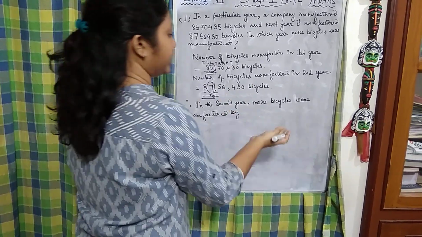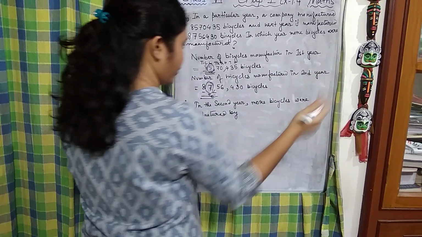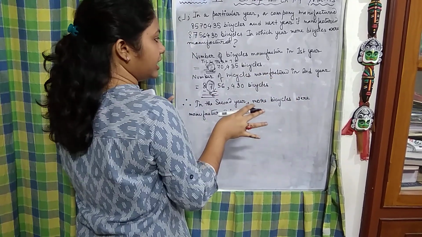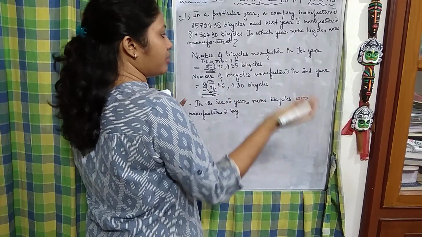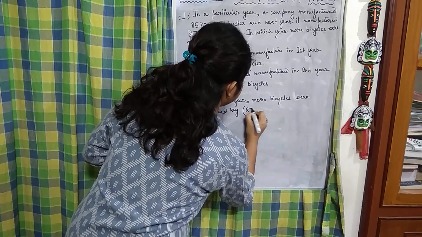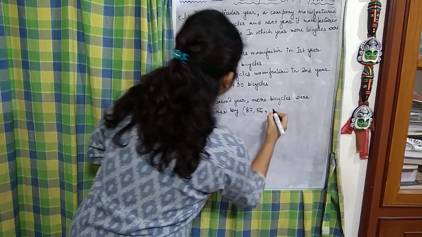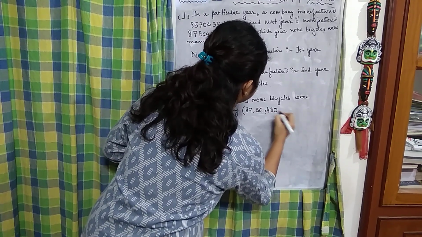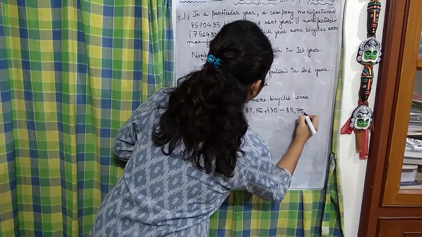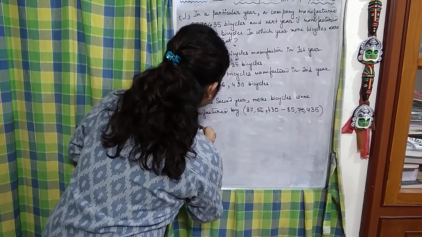Now after writing by, we have to find how many more bicycles have been manufactured. For that, we have to subtract the lesser number of bicycles from the greater number of bicycles manufactured. So we have to subtract 87,56,430 minus 85,70,435.